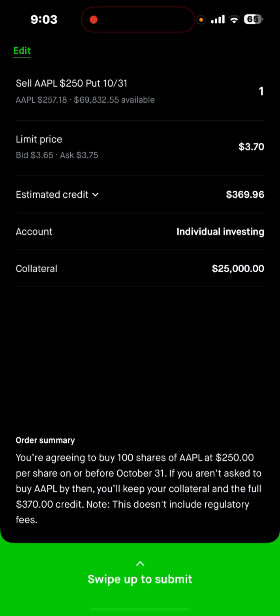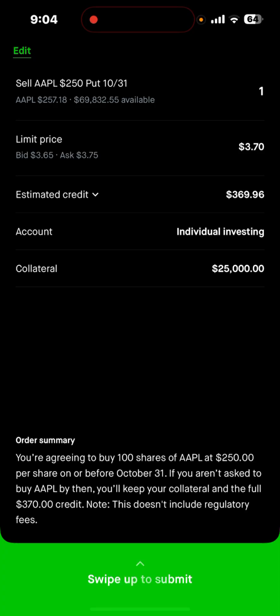So you have to have cash on hand to buy that. One contract equals 100 shares. That's why when you sell the put option, you have to have a lot of money in your account. Otherwise, you are unable to do it. If you don't have enough cash, you cannot sell the put option.